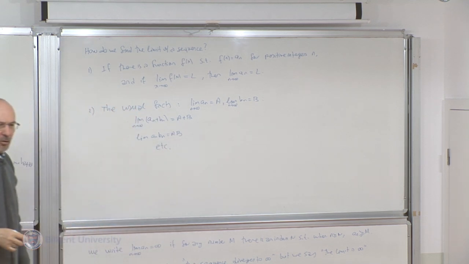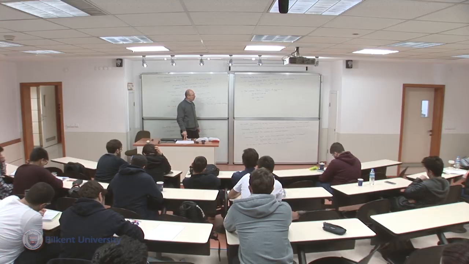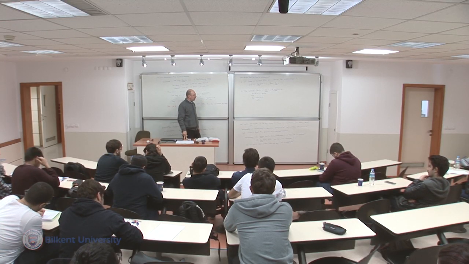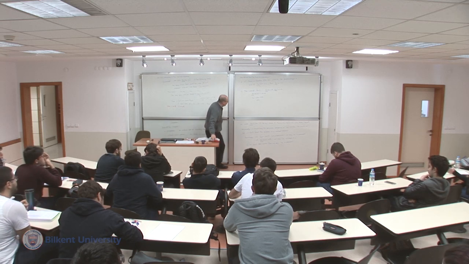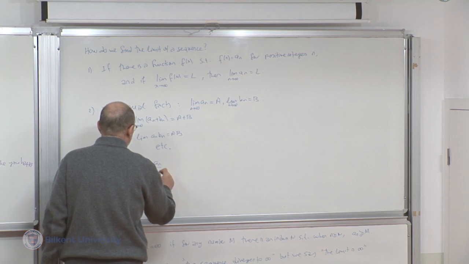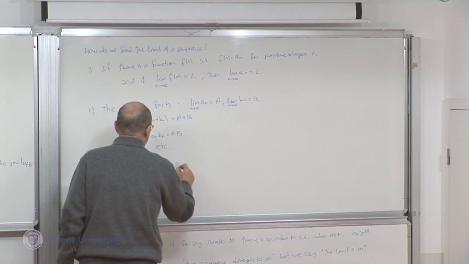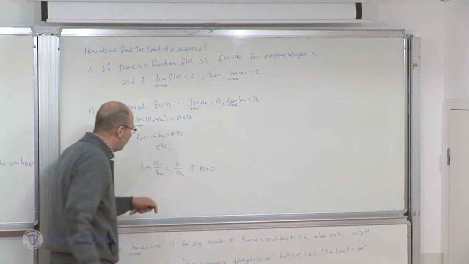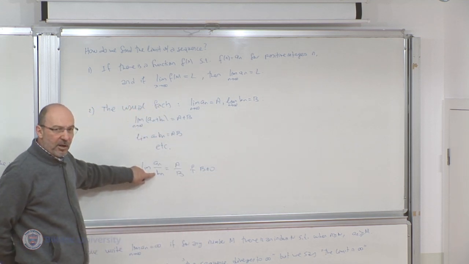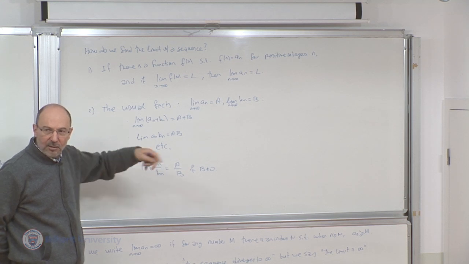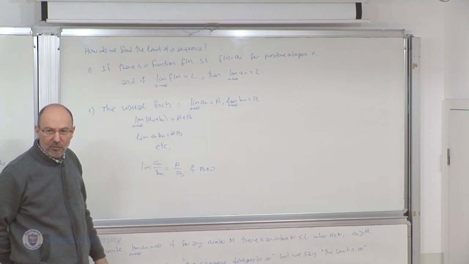Those things are obvious. You can divide a sequence by another sequence. Here, let me make one more remark. The limit of a n over b n is a over b if b is different than 0. Now some of these b n's may be 0. At the beginning, there may be a million b n's dispersed around the sequence which are 0.